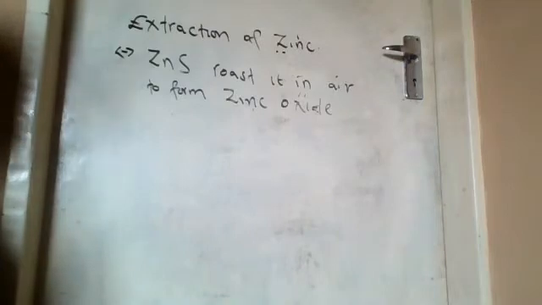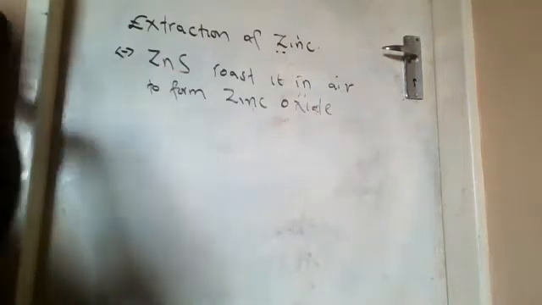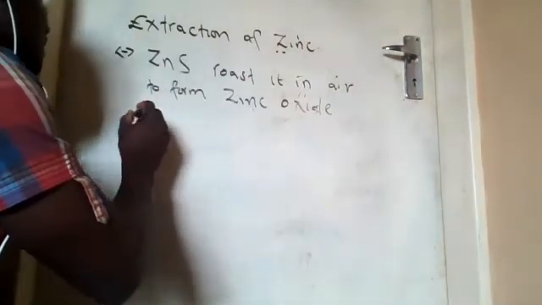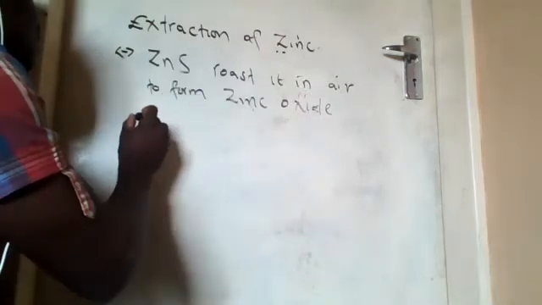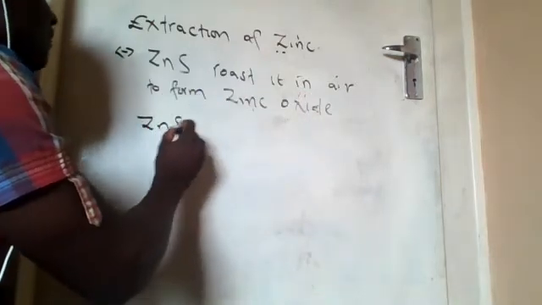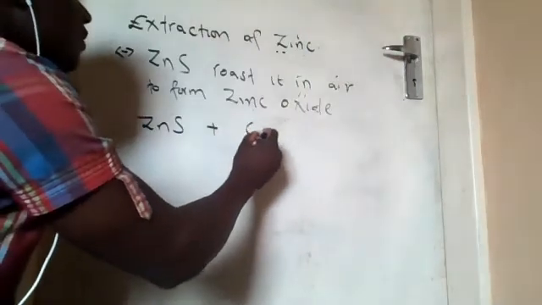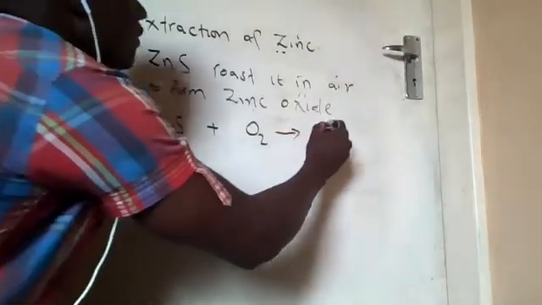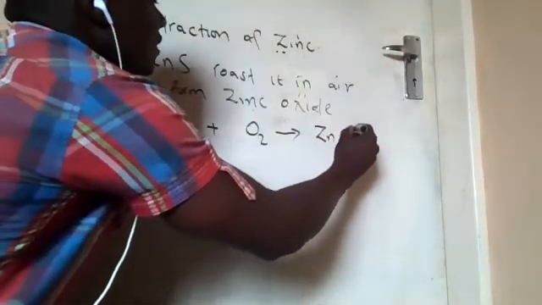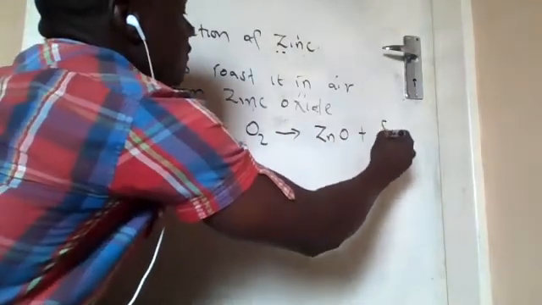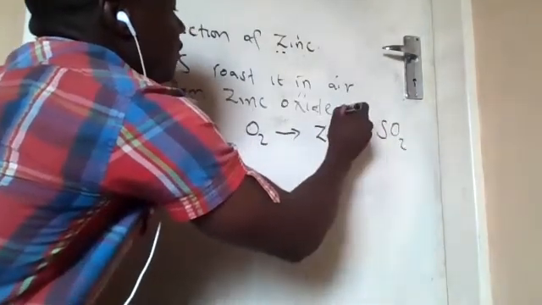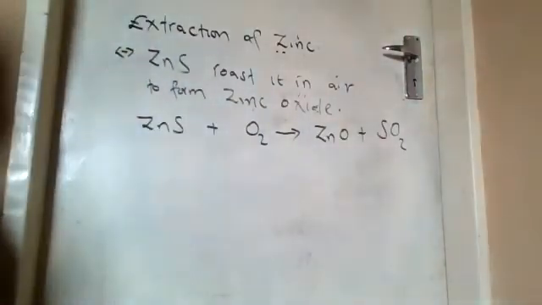Now, when you say you roast it, you mean you heat it in the presence of air. Once you do that, you're going to have zinc sulfide plus oxygen, then you're going to form zinc oxide plus sulfur dioxide. I forgot to say there's also an acidic gas that is formed.